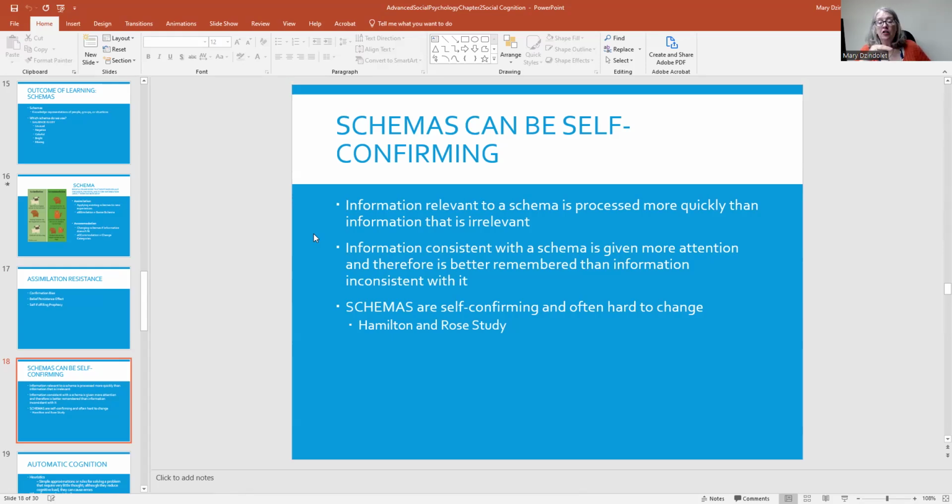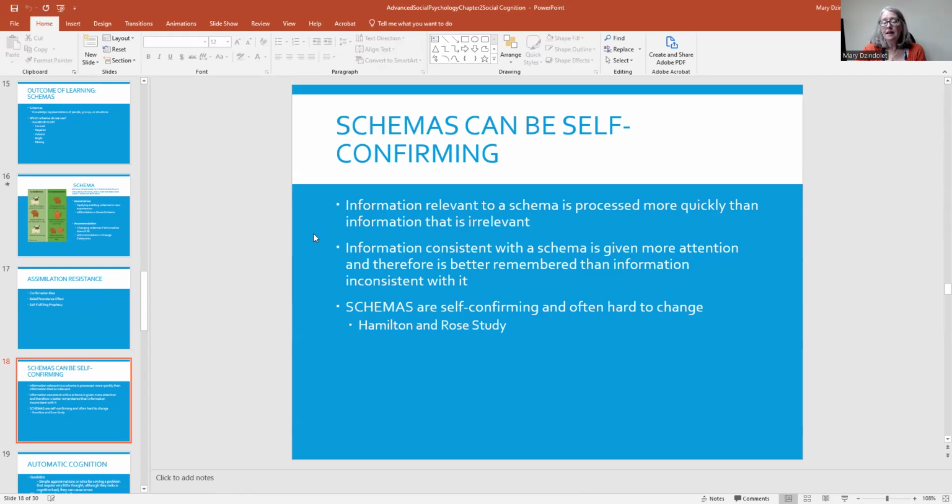But by and large, consistent versus inconsistent, but pretty ordinary information, we're going to give attention to and better remember the information that's consistent with our schema, not inconsistent with it. Therefore, schemas are self-confirming. If I give you completely neutral information, you will find support for your stereotype. You will find support for your schema.